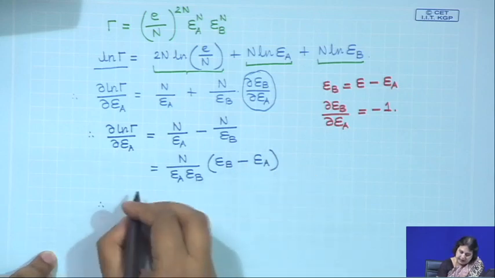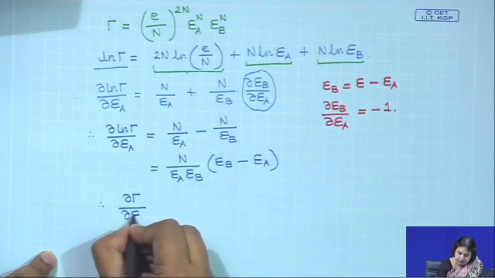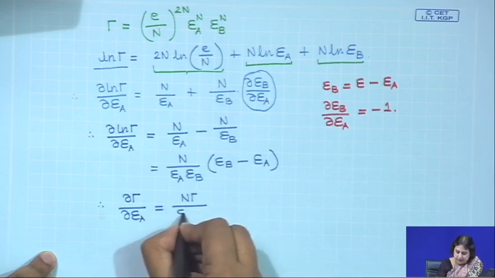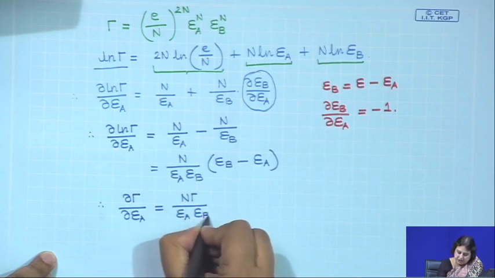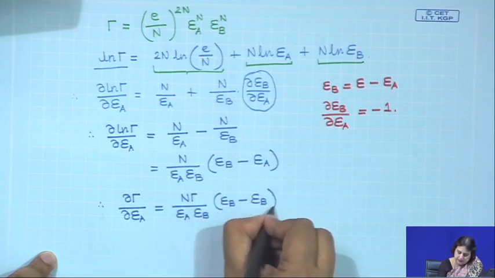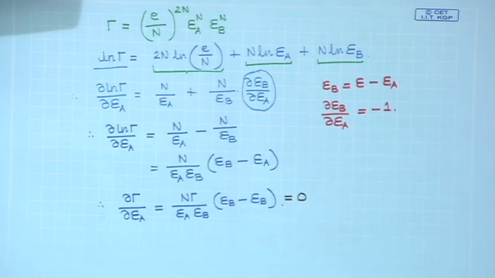So, finally, I can say that del gamma del epsilon A is equal to capital N gamma and a function of the two energies epsilon A and epsilon B. Now, if this function gamma has to exhibit a maximum, I must be having this quantity become equal to 0, and under what condition will this first derivative become equal to 0?